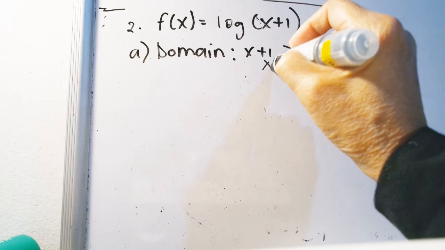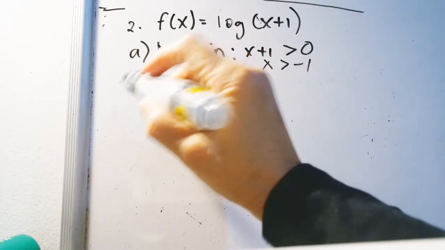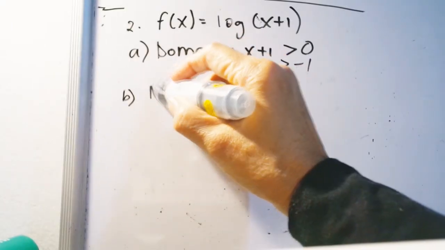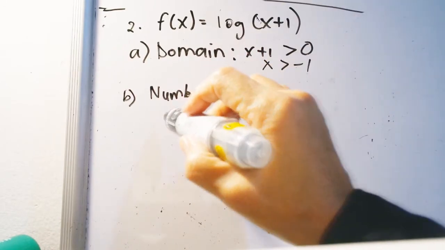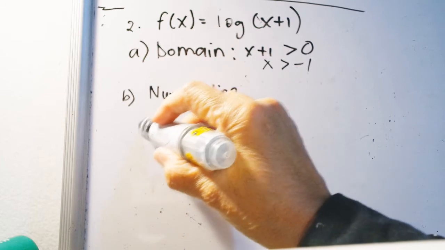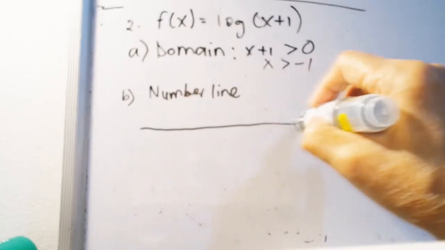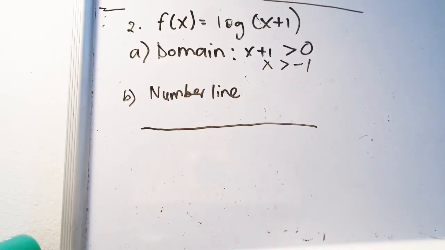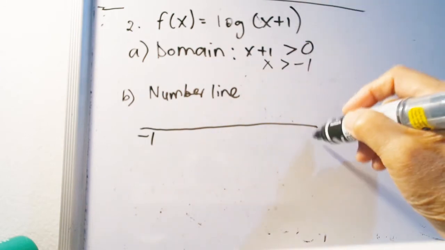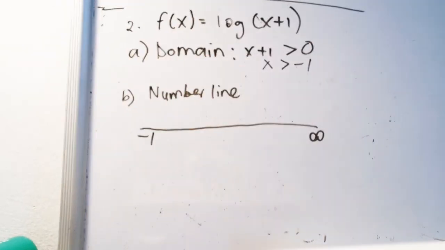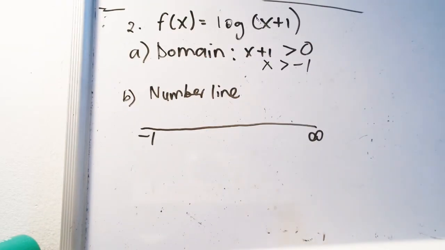So that means x is greater than minus 1. So when you draw the number line, the x-axis is from minus infinity to infinity, but we want to draw the number line for this particular function, and it starts at minus 1. So this is the number line. The left of minus 1 does not exist for this function log of x plus 1.